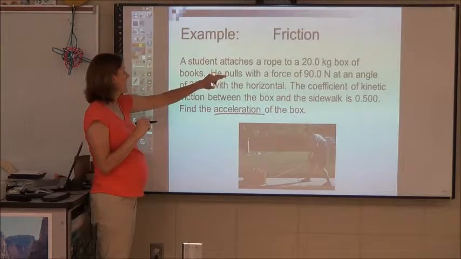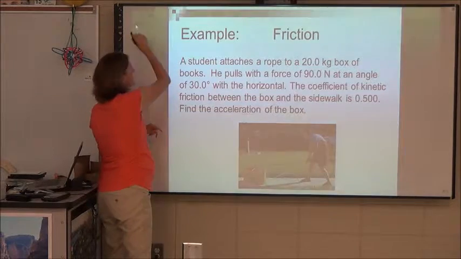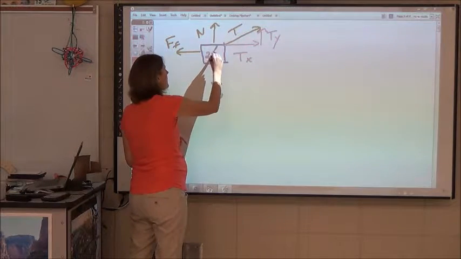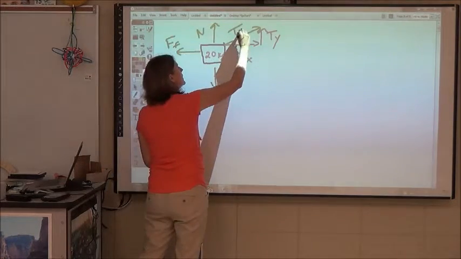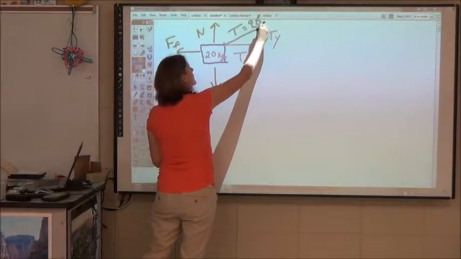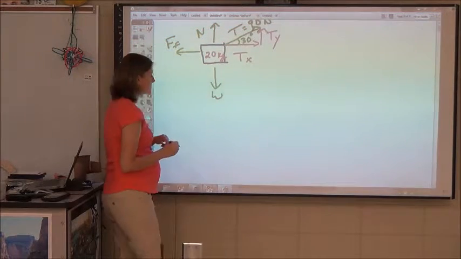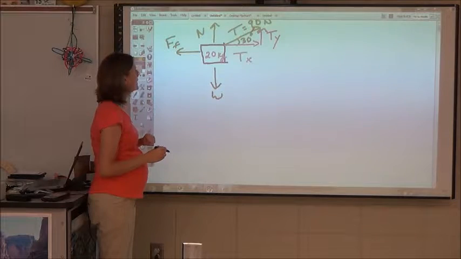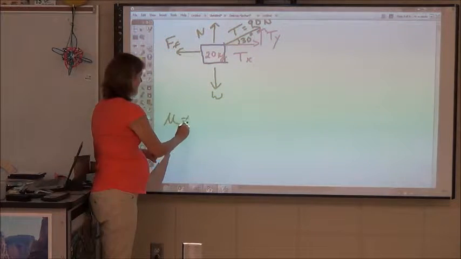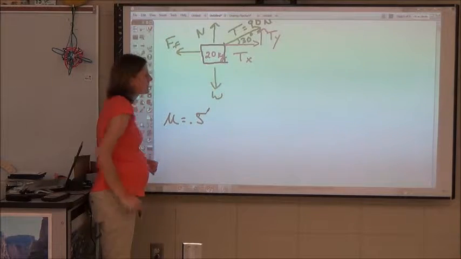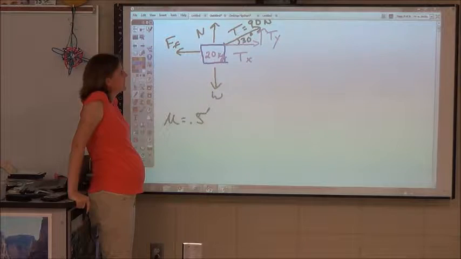All right, let's see what values I can throw in here. We got 20 kilogram box, 90 newtons, angle of 30. And then mu was 0.5. Okay, so that's all my labeled given information.